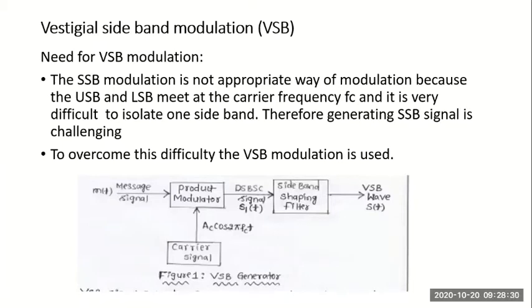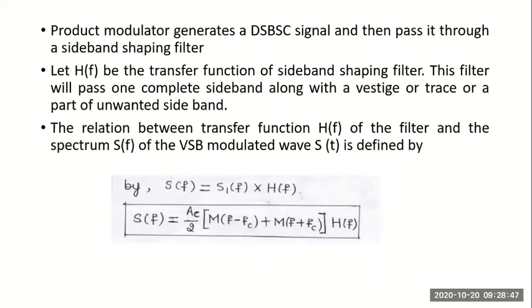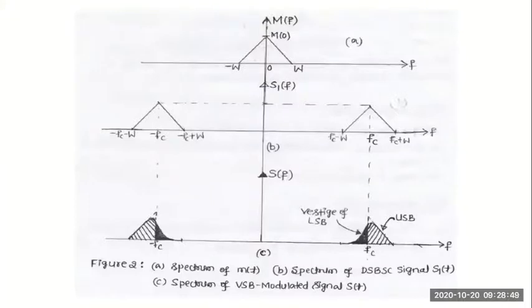So I'm going to call the bandpass filter a sideband shaping filter, and I will design the filter as per requirement. So we'll use that filter to get the required vestigial sideband wave. Okay. So I'll show you how that VSB looks.